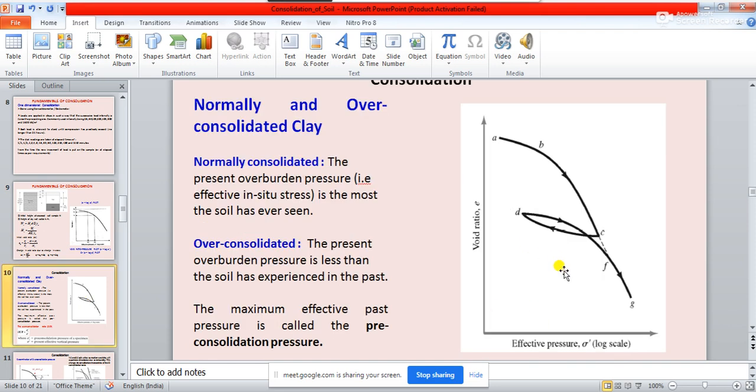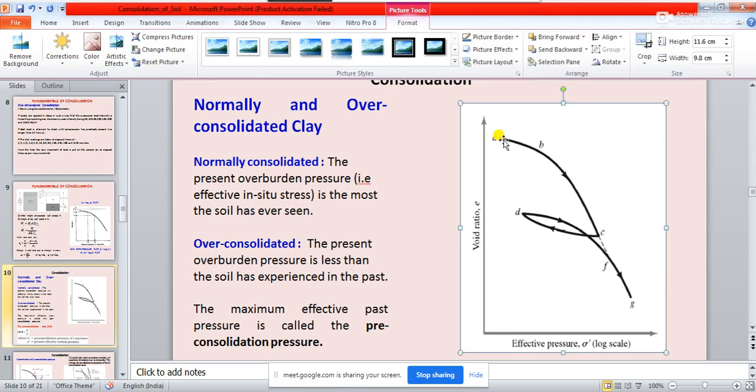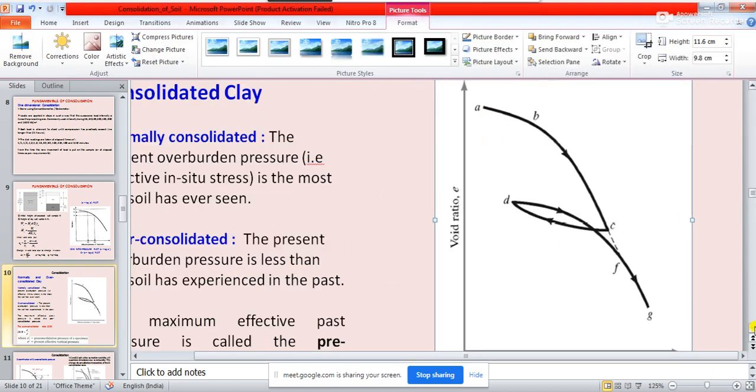But observe here in this plot, this is a typical curve for an over consolidated clay. If you test an over consolidated clay soil sample in the laboratory, you will observe the e-log-p curve something like this. From here to here, it is almost similar to normally consolidated clay.